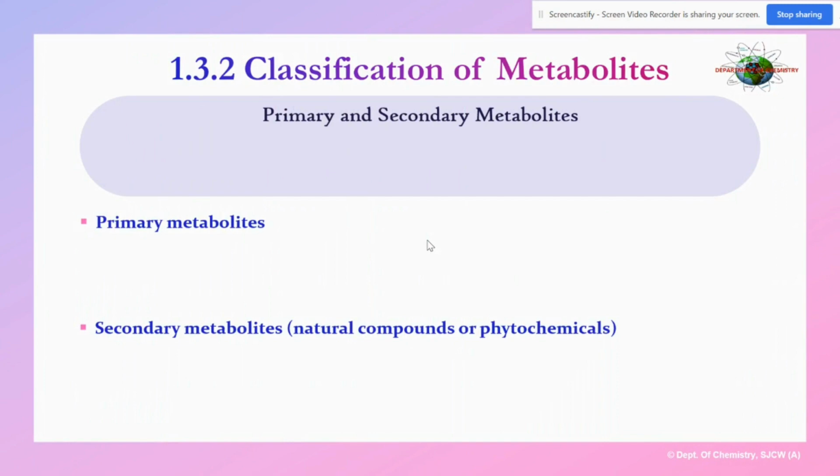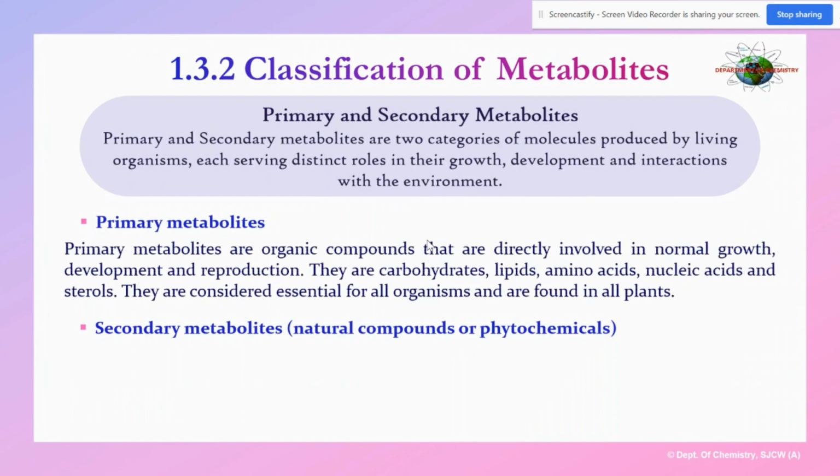Classification of metabolites. Metabolites are classified into primary and secondary metabolites based on their function. Primary metabolites are organic compounds that are directly involved in growth, development, and reproduction.